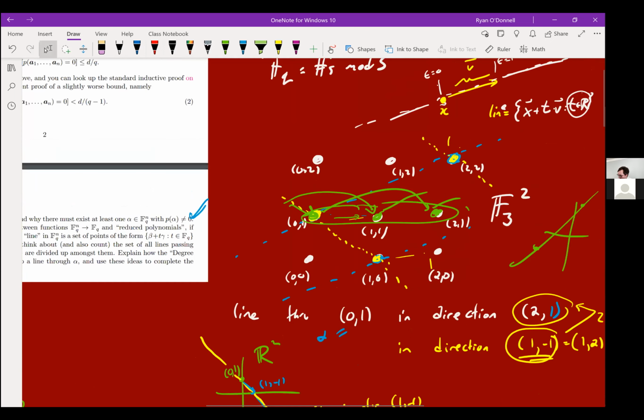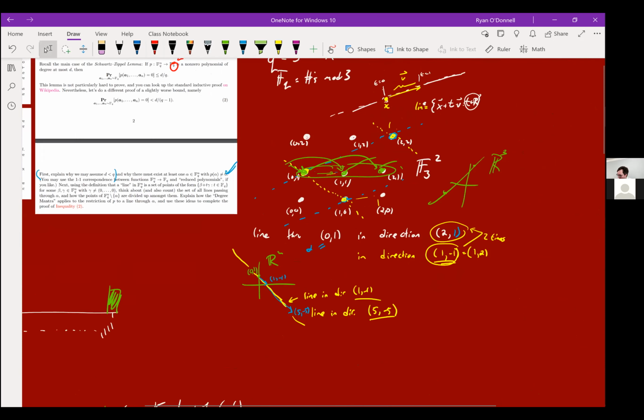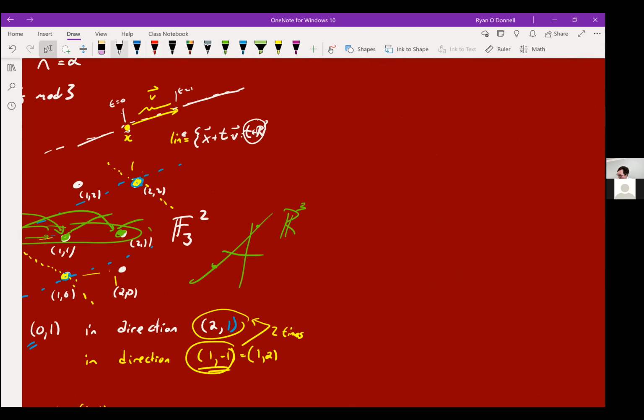Actually, let's make this picture a little bit less disgusting, or repeat it over here. We could try to look at all the lines through this yellow point. So one we talked about, the first one, included this one and this one and this point.